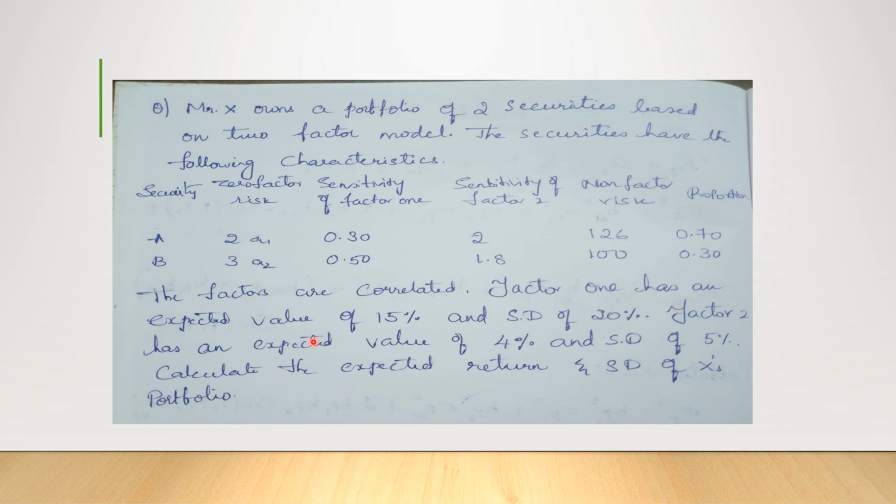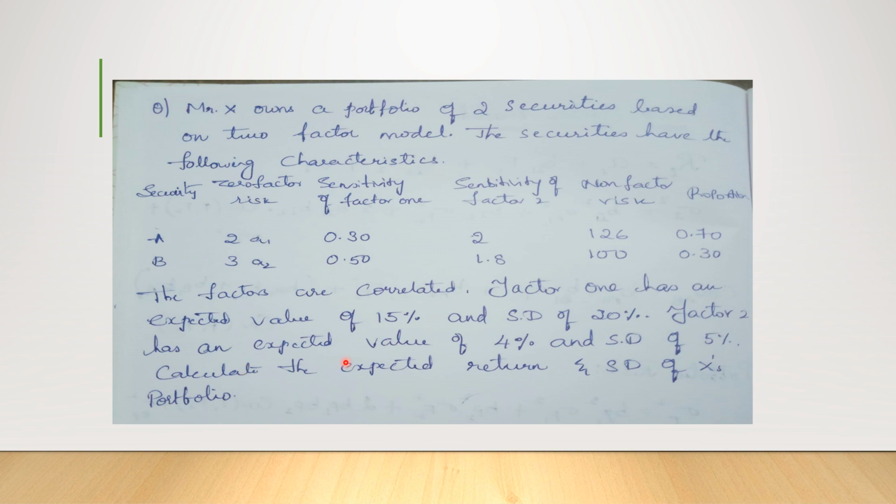Factor 1 has an expected value of 15% and SD of 20%. So the expected value of F1 is 15%, and SD is the standard deviation of F1, which is 20%.